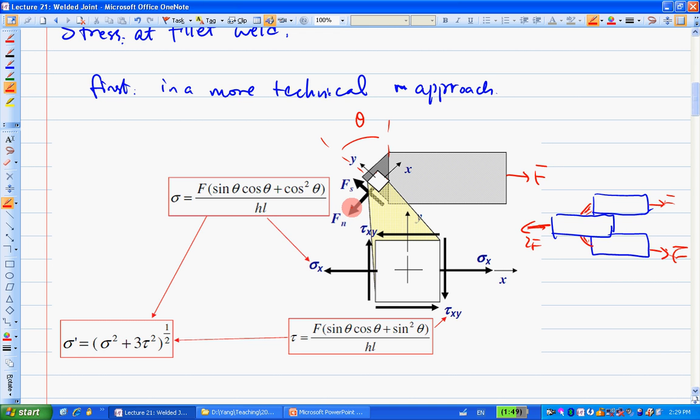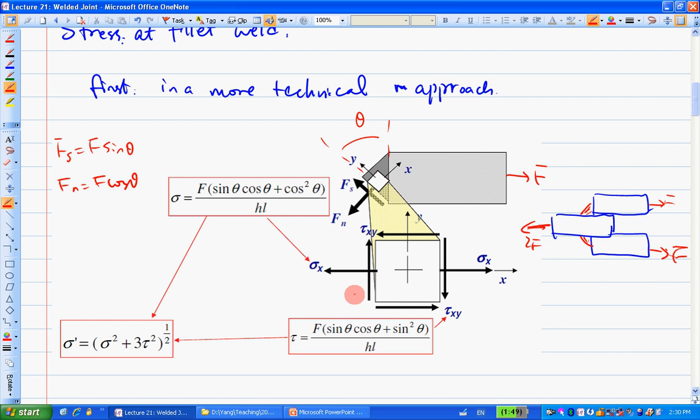Fs and Fn have to be balanced by the F here, so Fs is equal to F sine theta, and Fn is equal to F cosine theta. Fs will cause a shear stress, and Fn will cause a normal stress. So that's a stress element like this.